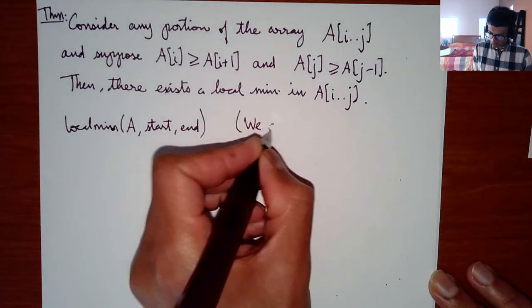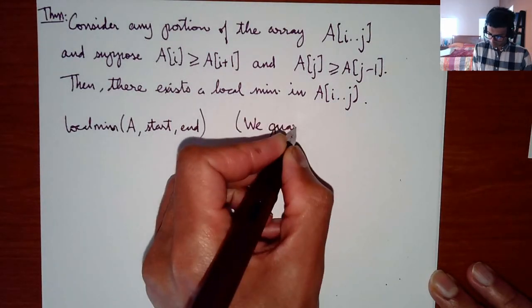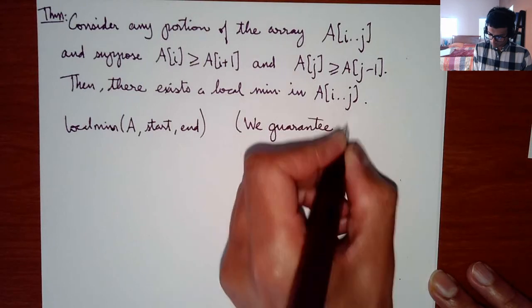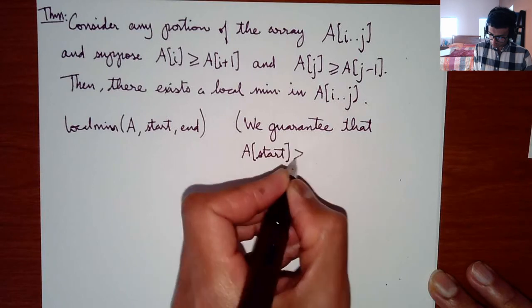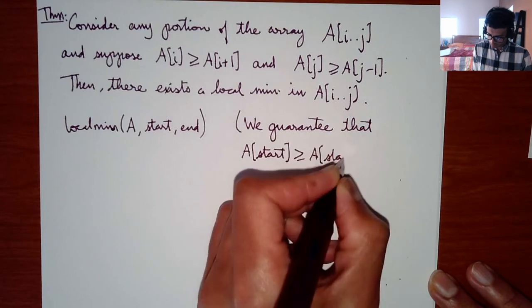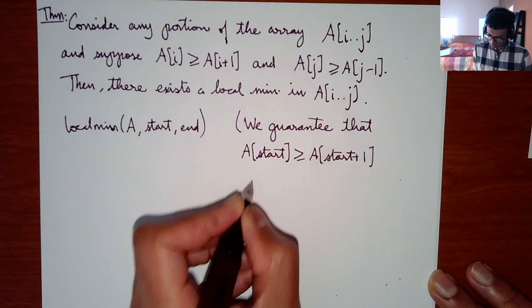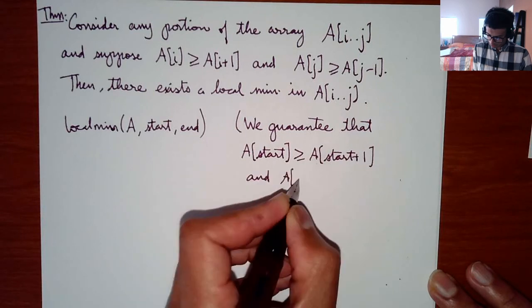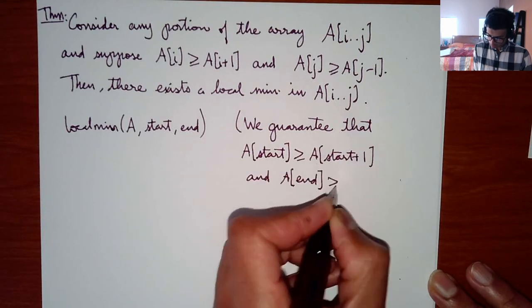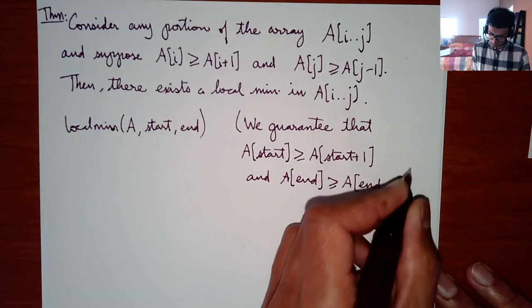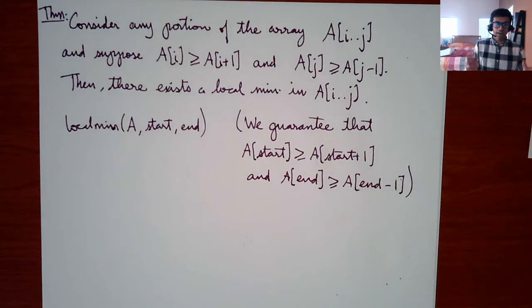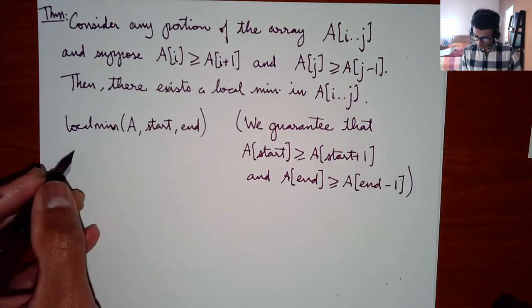And we guarantee that A of start is greater than or equal to A of start plus 1 and A of end is greater than or equal to A of end minus 1. I'm not doing corner cases. What if start and end had a difference of 1? What if they were the same? I'm going to ignore these conditions.